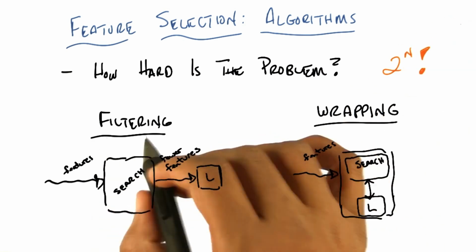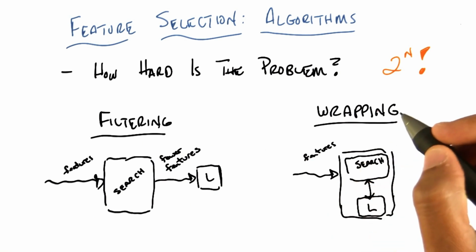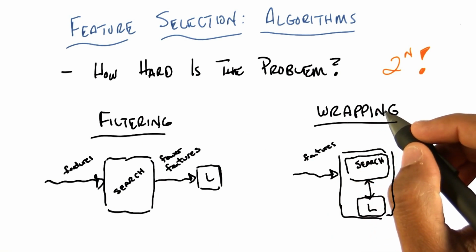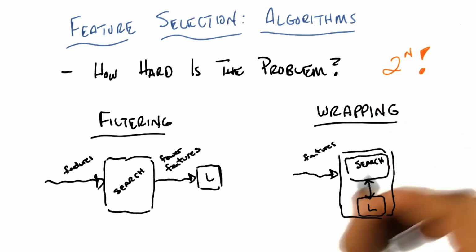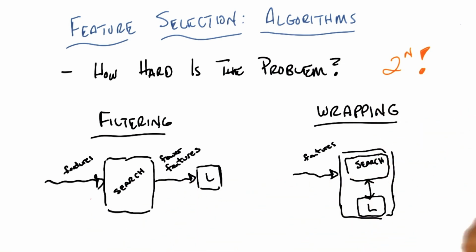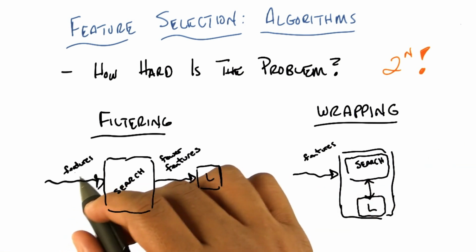The first is called filtering, and the second is called wrapping, with the W, not an R. Well, it has an R too, but it starts with the W. They actually look pretty similar, so I drew these little cartoons, which I hope will make it easier to see. Filtering basically works like this. You have a set of features as input.